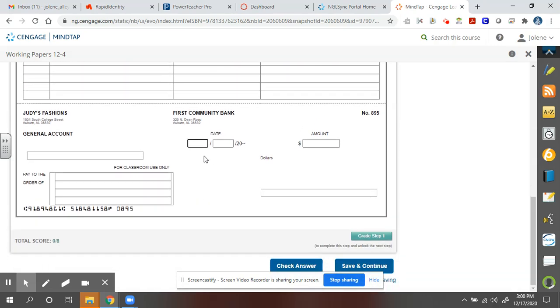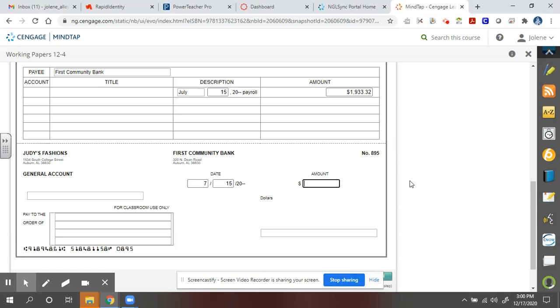So this is July 15, and the total dollar amount again is $1,933.32.